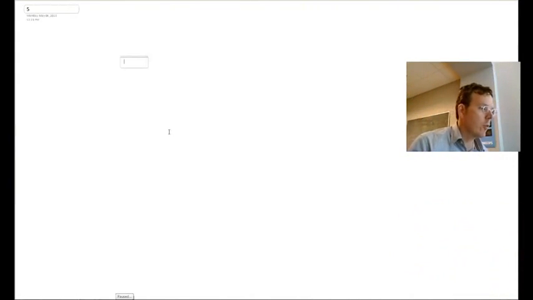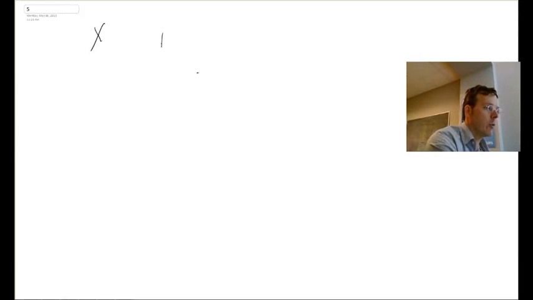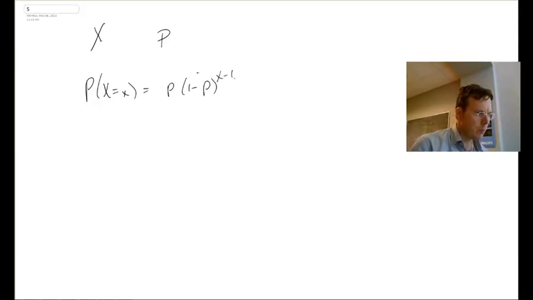Okay, so question 5 is a problem about geometric sampling. We said the random variable x counts the number of trials until the first head from a biased coin with success probability p. The probability that x takes on a specific value is equal to p times 1 minus p to the x minus 1.